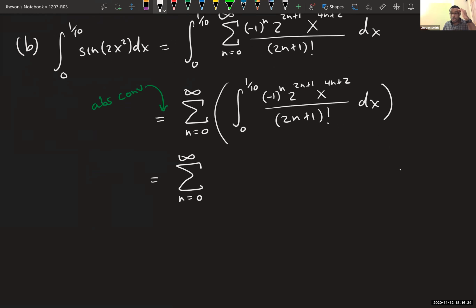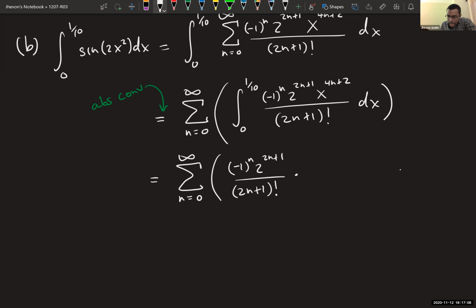Now, when it comes to this integral, this whole thing here is just a constant because it has no x's in it, so I just leave it alone. I'm actually integrating something that looks like a polynomial, the x to the 4n plus 2, in which case the power rule applies. So I'm going to leave this minus 1 to the n, 2 to the 2n plus 1 over 2n plus 1 factorial.